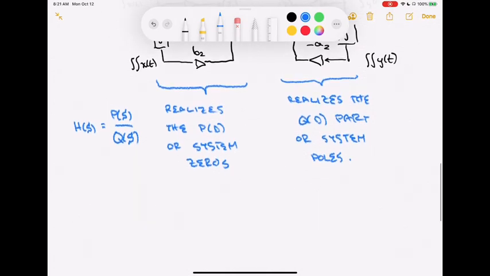So a very quick little aside, I'm just going to do this as a recall. Recall that if we take an e to the st, an everlasting exponential, into our system, and we look at what comes out, we get that same exact everlasting exponential times H of S. So everlasting exponential in gives us everlasting exponential out.